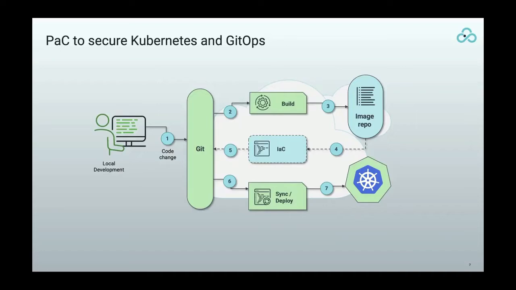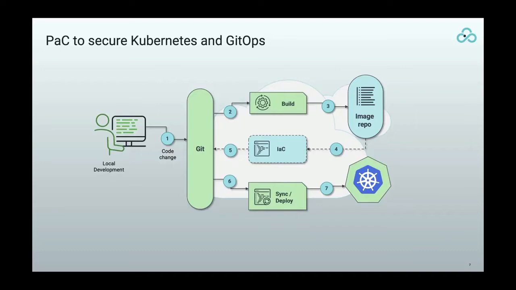So we could do this at the time of local code development, when the code is being developed, say using Terrascan CLI. We can also do it at the source code management tool layer, when the code is actually being checked into your Git repository.